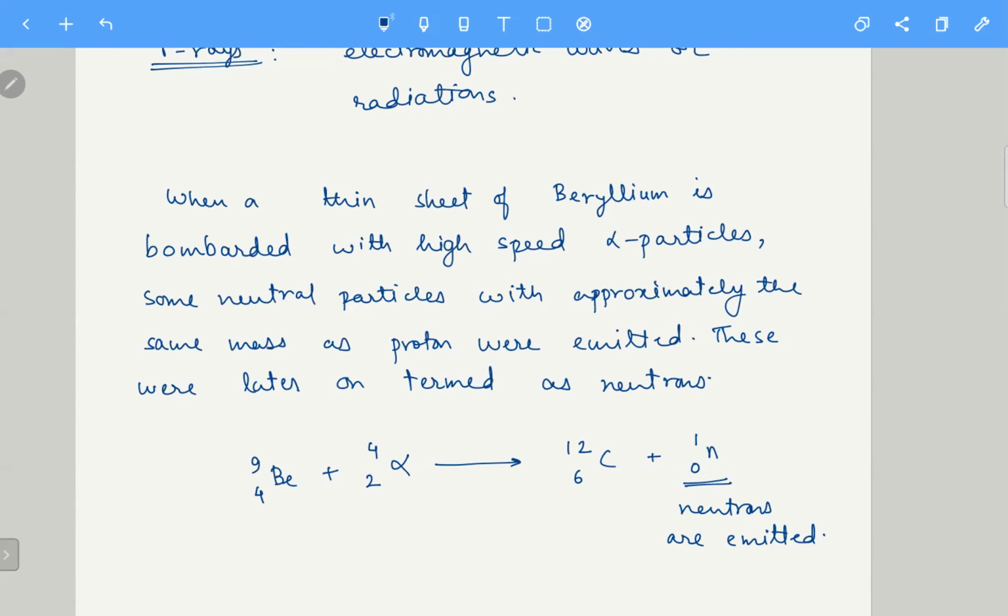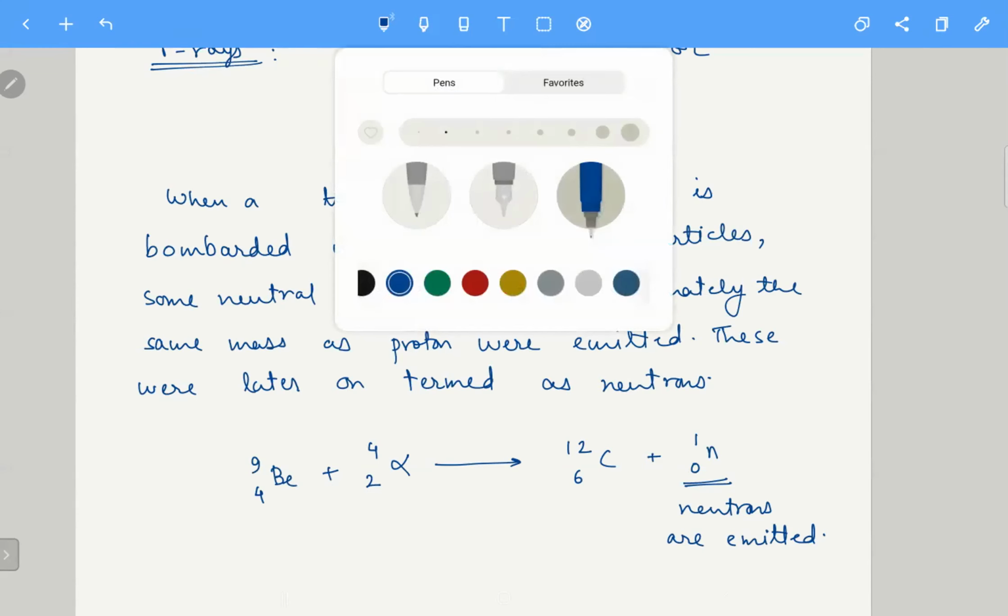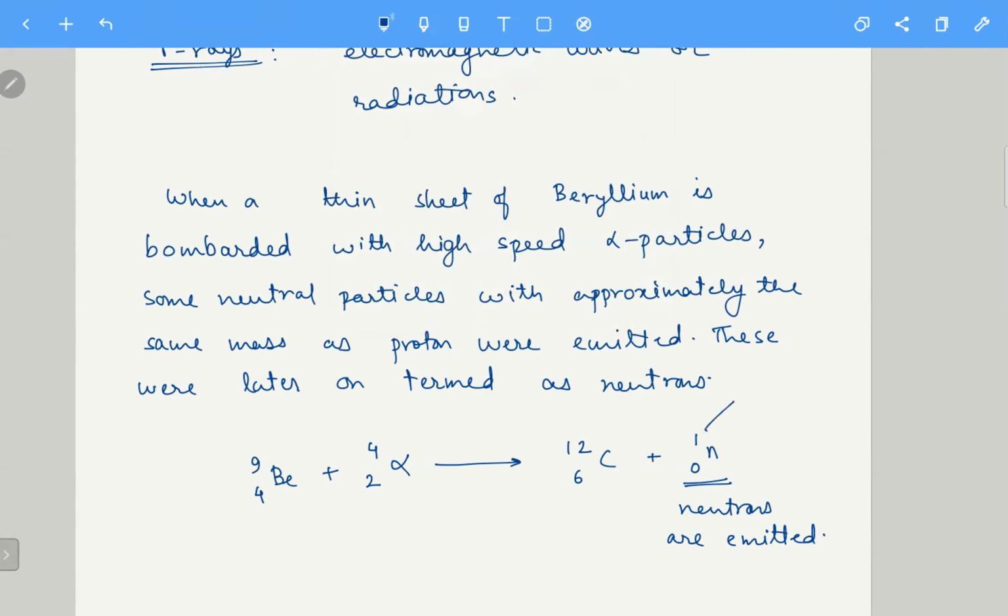Theek hai, neutron has a relative charge of 0. It's a neutral particle, has a relative mass of 1. Relative mass of neutron is 1. The relative charge is 0.